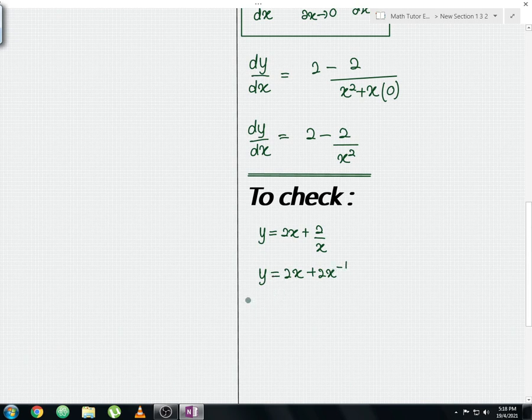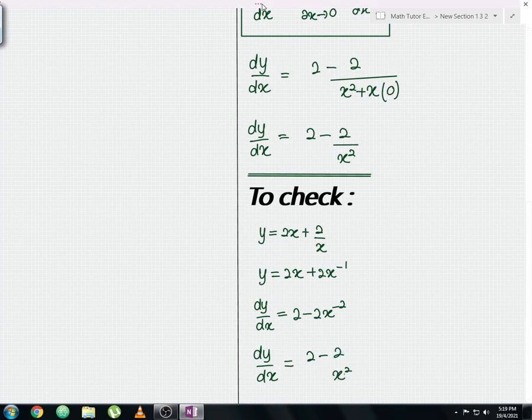You differentiate this with respect to x, dy over dx will be equal to, this power of 1 will be reduced to power of 0, so you only left with 2. Negative 1 you times with 2, so from here you get negative 2 x to the power of negative 2. You change this into the fraction form, so from here you get dy over dx equals 2 minus 2 over x square.